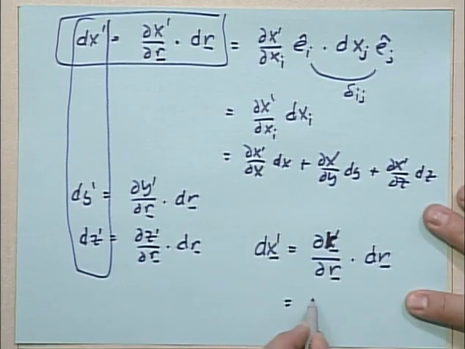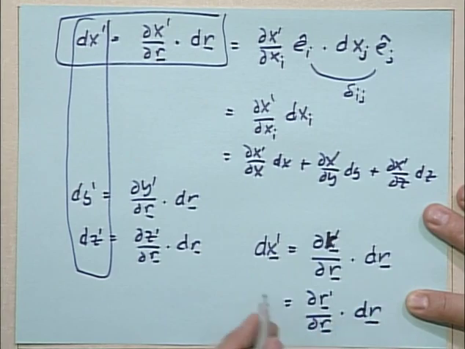I'll rewrite that. dr prime equals partial r prime partial r dot dr.